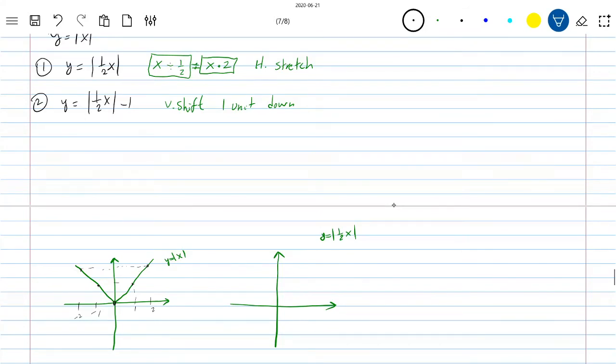So what happens? All the x's will get multiplied by 2. The y values do not change. The x, 0 multiplied by 2, is still 0. 1 multiplied by 2 becomes 2. There's a point 2 and 1 now. The y value did not change. The y value is still 1 and 2. But the x's will be rescaled. 2 multiplied by 2 becomes 4 here.